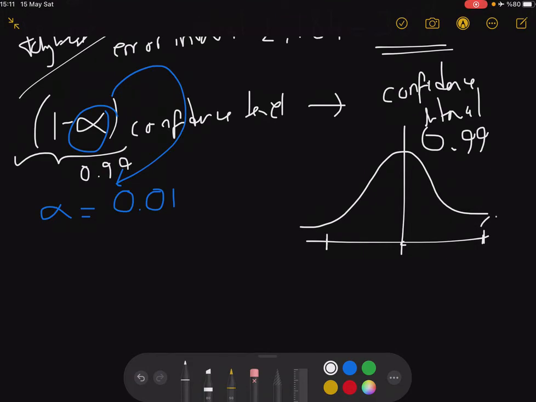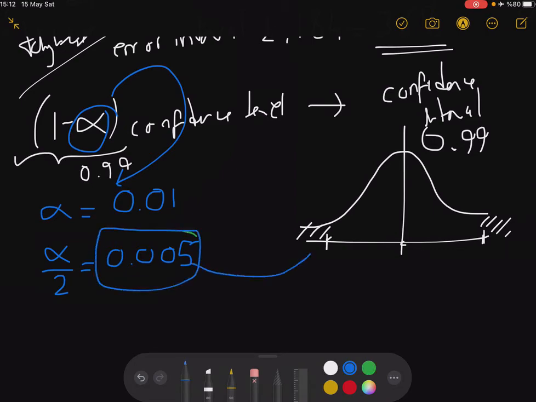It means that it should be half of this value, 0.005, right?